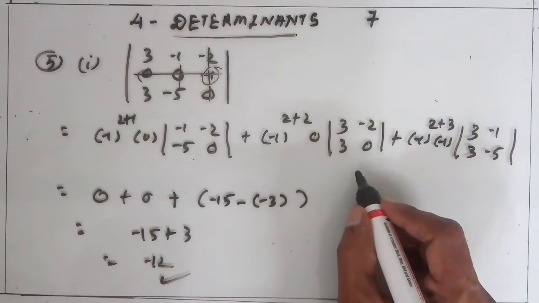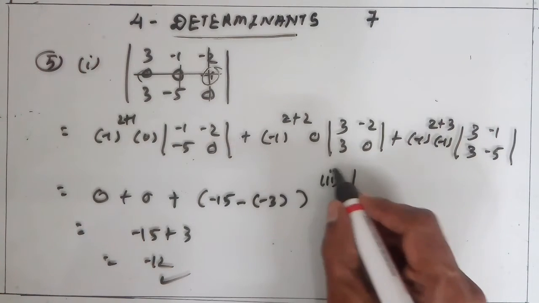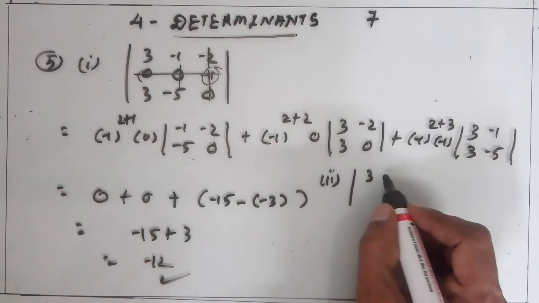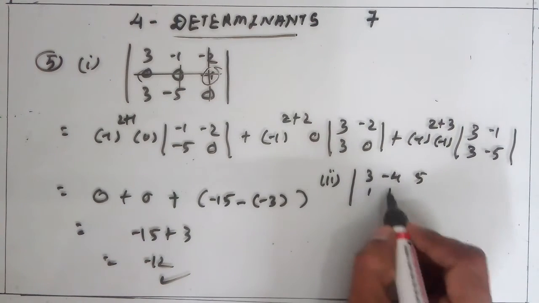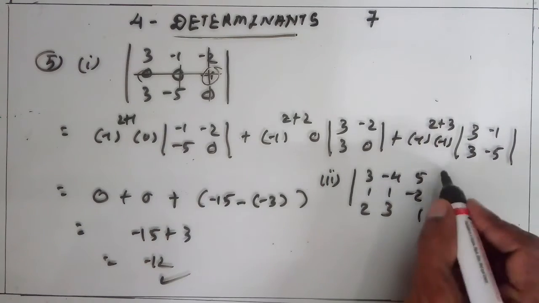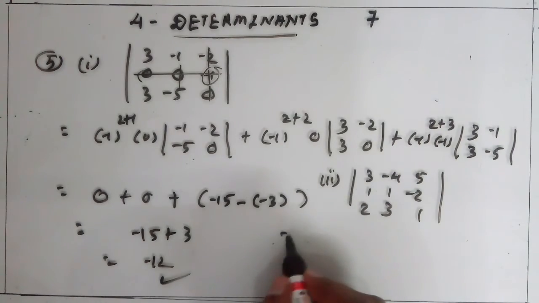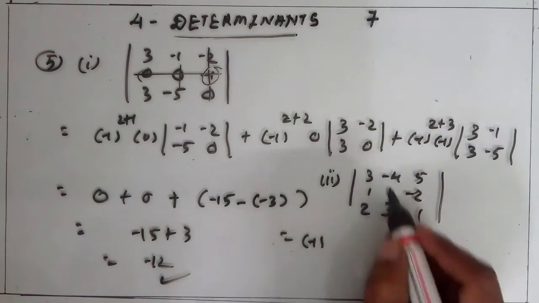Similarly, applying the same method, we evaluate this third order determinant, 3, minus 4, 5, 1, 1, minus 2, 2, 3, 1. Think how to get the value of this determinant. I give a hint on how to solve this.